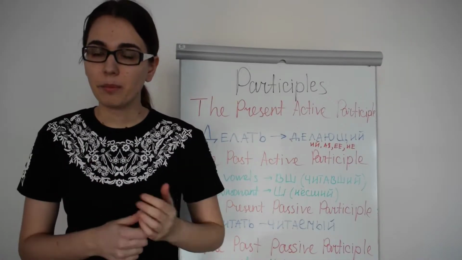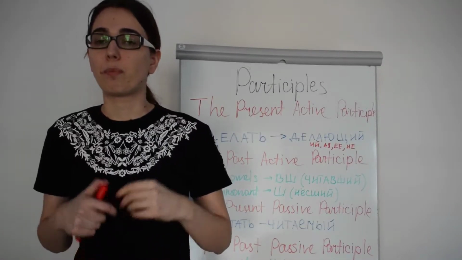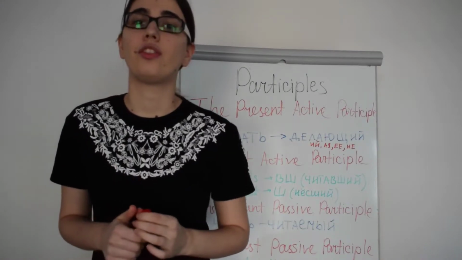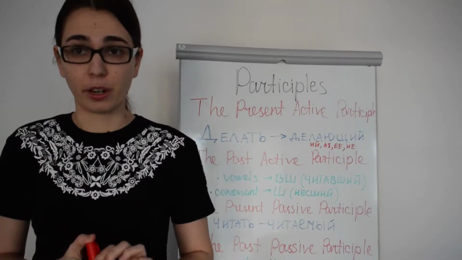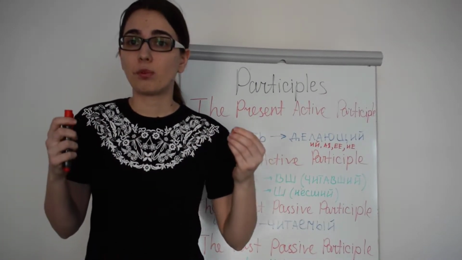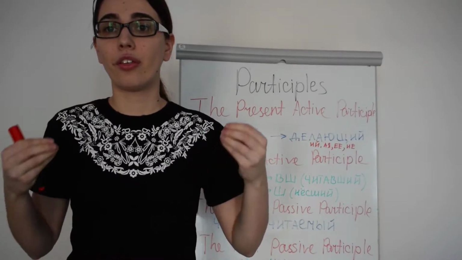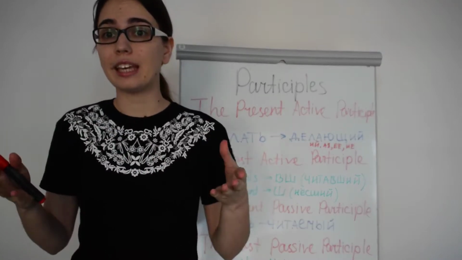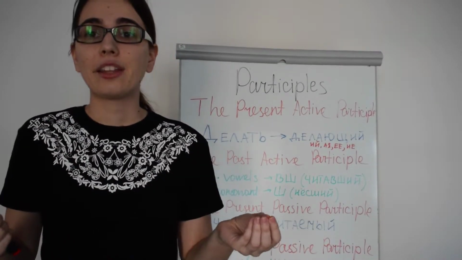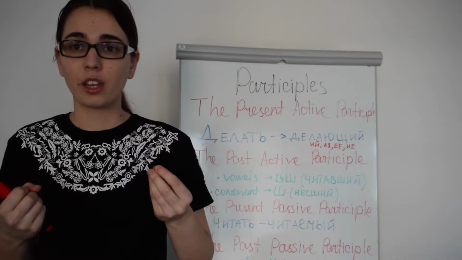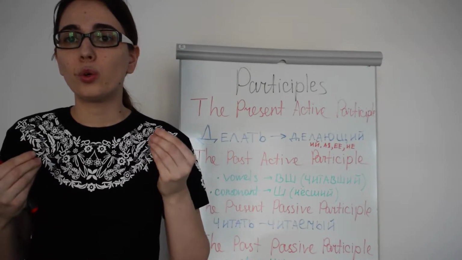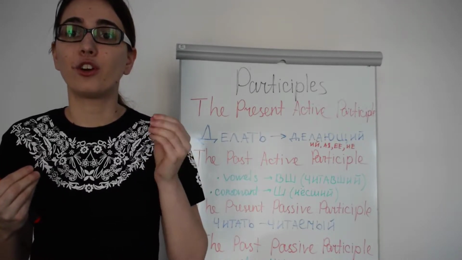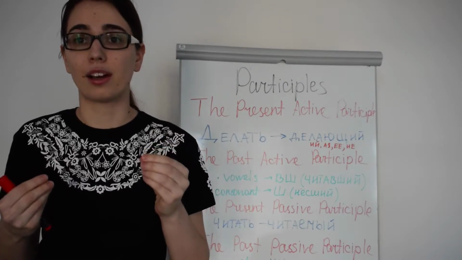The next type of the participle is the past active participle. It expresses the same things as the present active participle, but only in the past. In order to form it, we need to look at the verbal stem in the past.